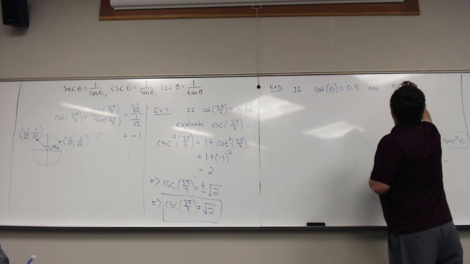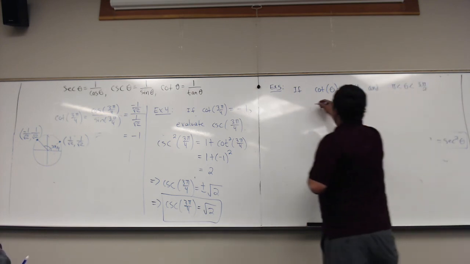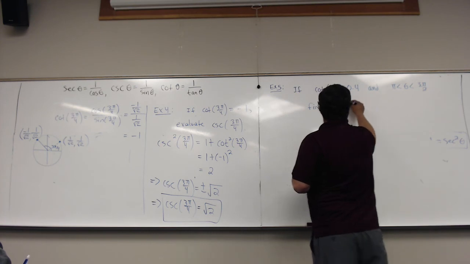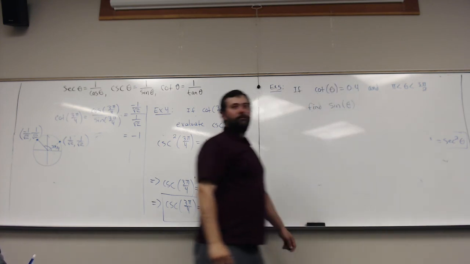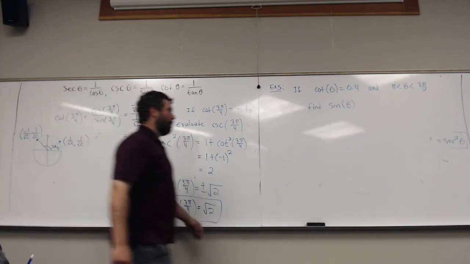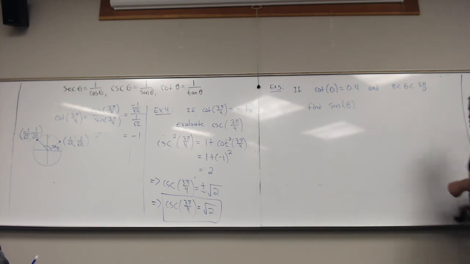If the angle is between pi and 3 pi over 2, I could say find, and I'll make it more interesting, find sine of theta. Now you're going to actually have to find cosecant theta first.